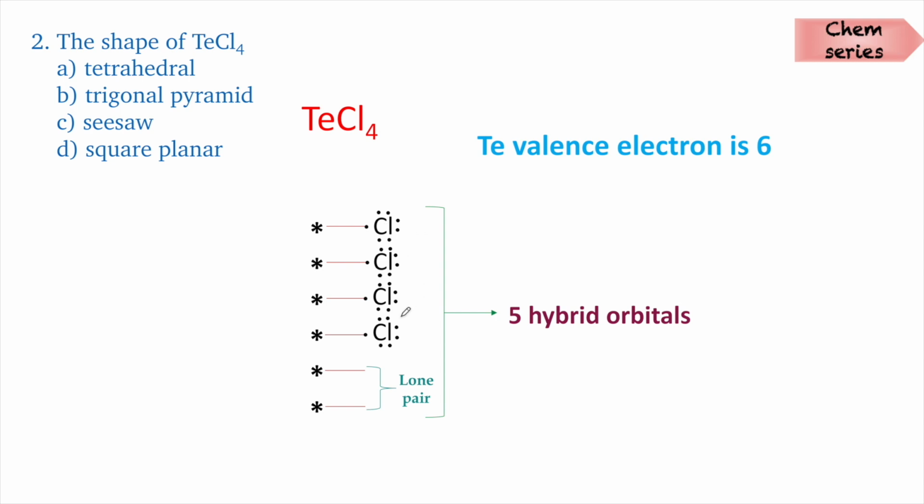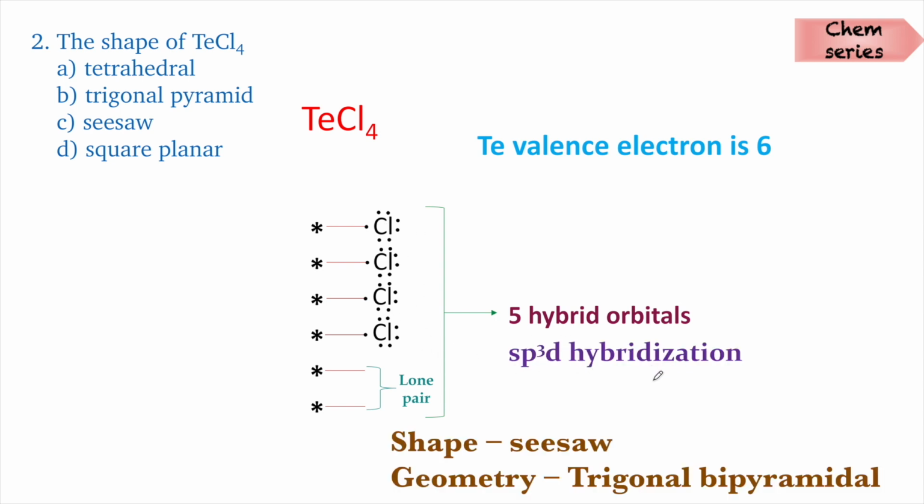So totally there are 5 hybrid orbitals, that is sp3d hybridization. The geometry will be trigonal bipyramidal. In this geometry we have a lone pair, so that forms a seesaw shape. Okay, so your option will be C. The shape of TeCl4 is seesaw.